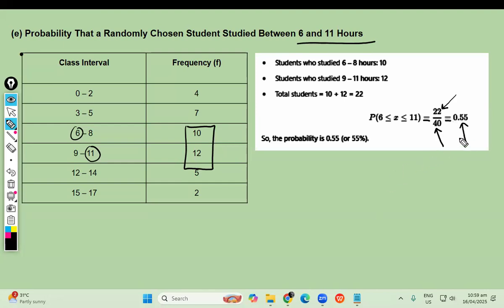How many people were able, before I did it, to get 0.55? But if you didn't know, I hope you get it correct now. You can put it as a fraction too. If you simplify it to 11 over 20, that's correct as well.